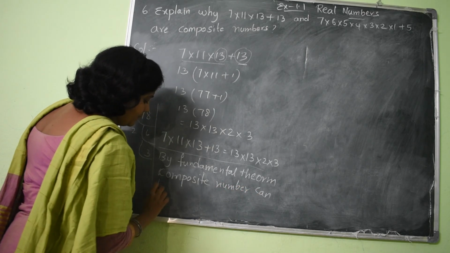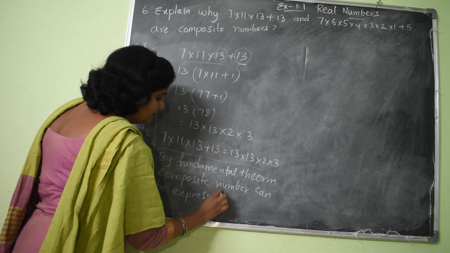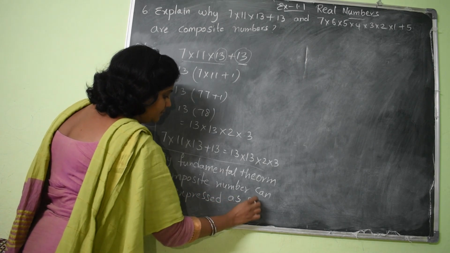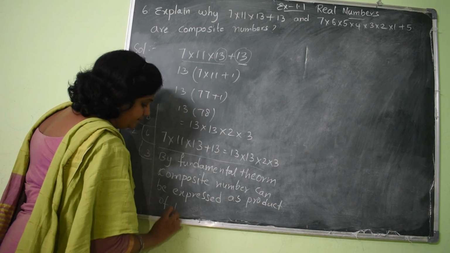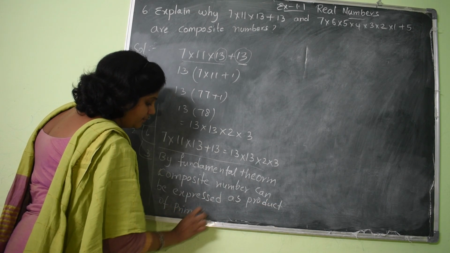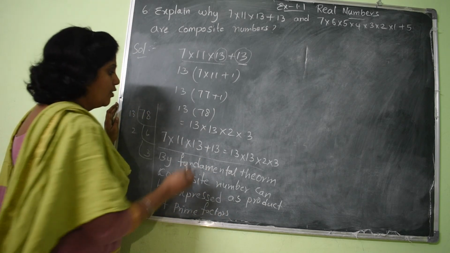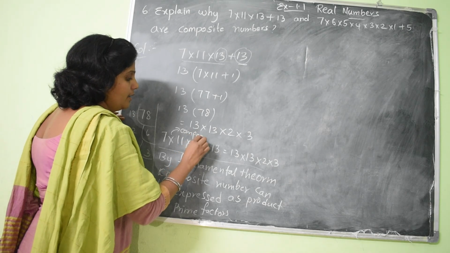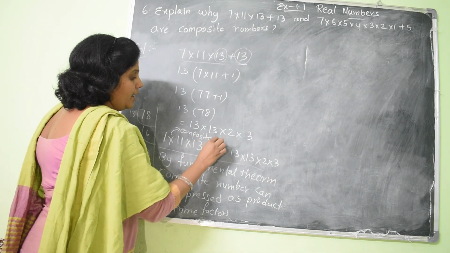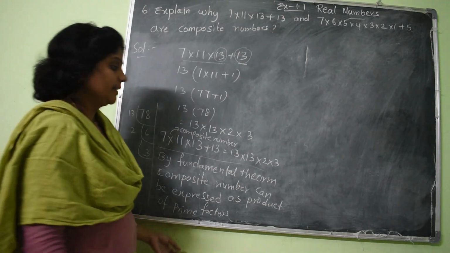By this we can say that this number is a composite number. We have proved this by using the fundamental theorem of arithmetic.